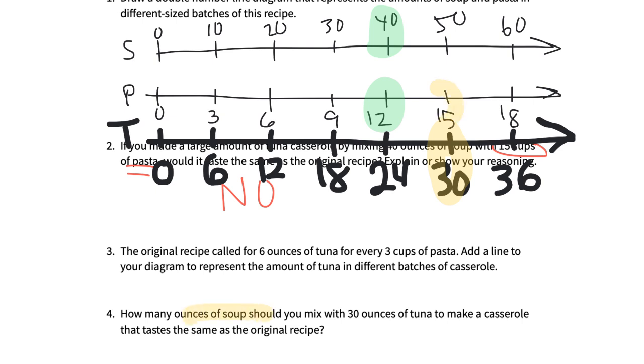Well, you would need 15 of pasta, and you would need 50 ounces of soup. So the answer is 50. You would need 50 ounces of soup. And how do we know that? Because our triple number line tells us that.